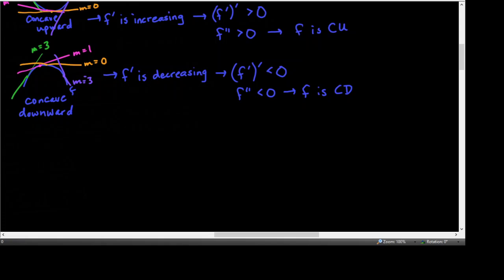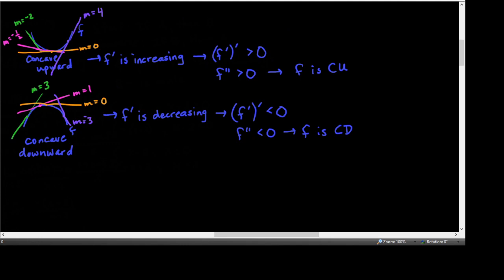Another thing that's true about concavity, and I don't know how well I did those drawings, but look at all the tangent lines. When a function is concave upward, in every case, the tangent lines lie below the curve.